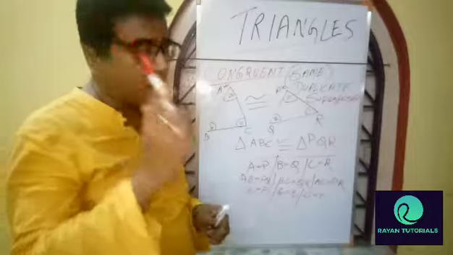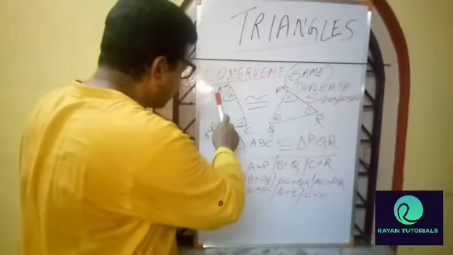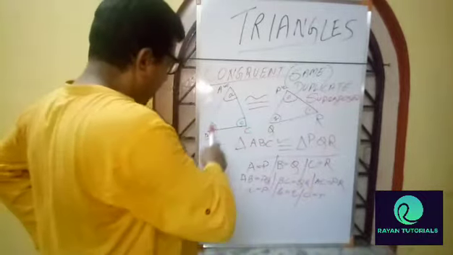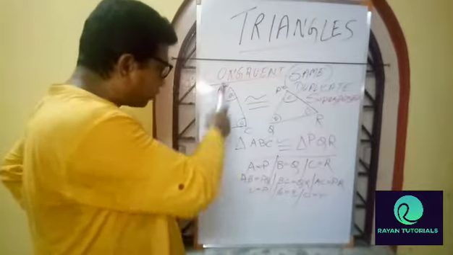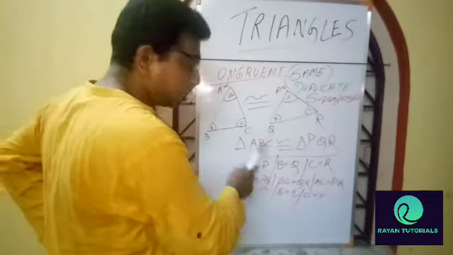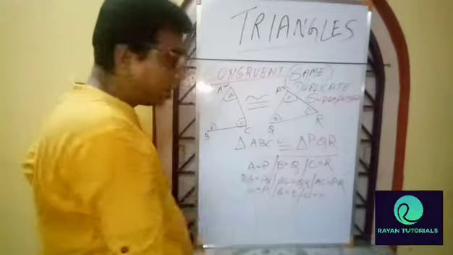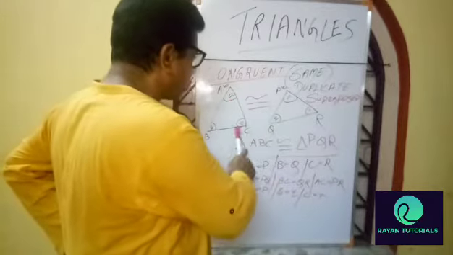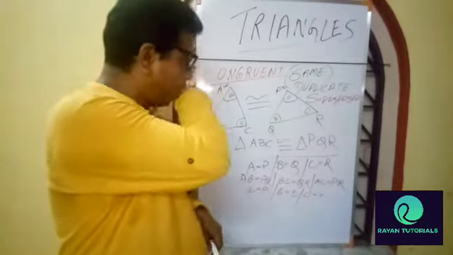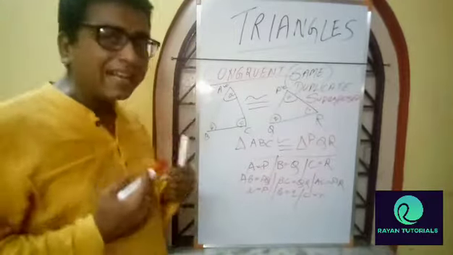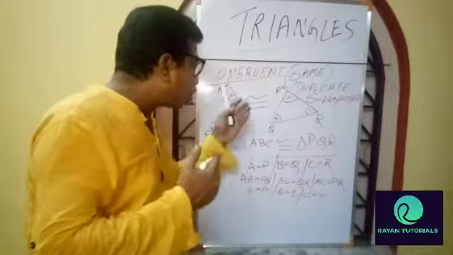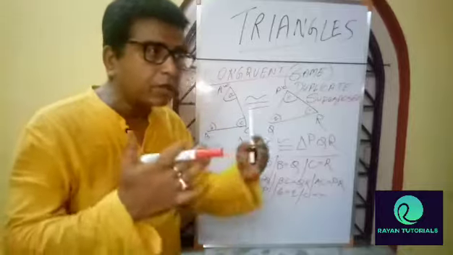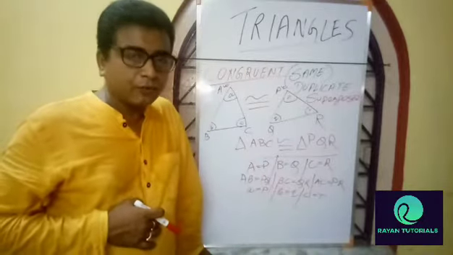The corresponding part of A is P, of B is Q, of C is R. The corresponding part of arm AB is PQ. So AB equals PQ, BC equals QR, AC equals PR. Similarly, the angles are also the same. So can I say that in congruent triangles, the corresponding parts are equal? Yes, we can say.